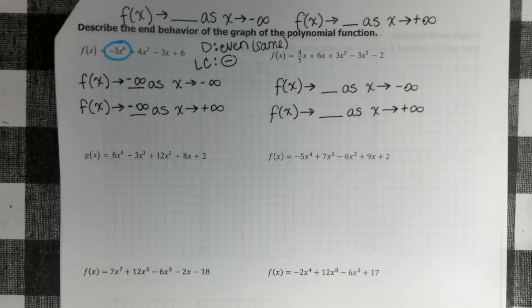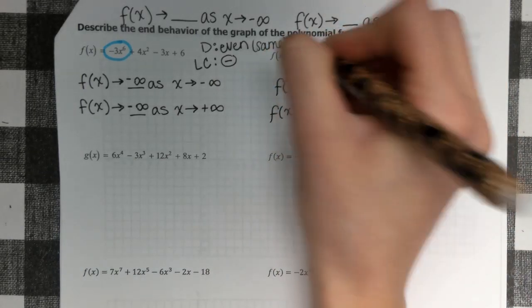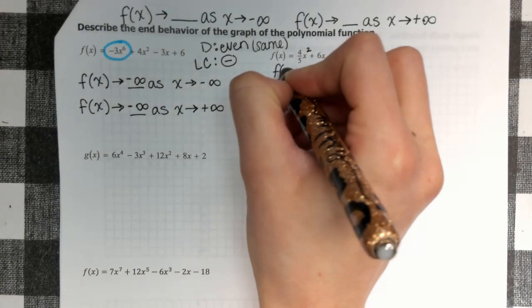So then I look at my function. F of x equals 4/5 x plus 6x plus 3x to the 5th minus 3x cubed minus 2. Is that standard form? No. And technically these are both x's, so we're just going to tack on a squared on that one instead of combining like terms. It doesn't matter. Standard form would be what? F of x equals what?